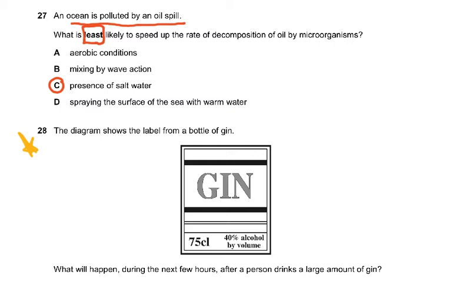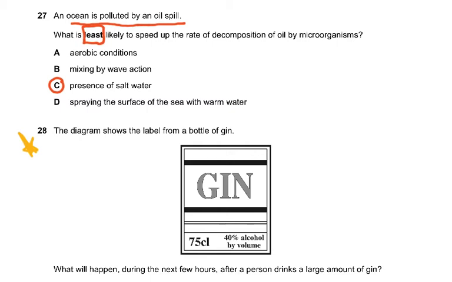The rate of decomposition is going to increase by aerobic conditions. Yes, aerobic respiration releases more energy. Mixing by wave action again incorporates air, and spraying the surface of the sea with warm water is going to increase the temperature, so more enzyme activity of the microorganism enzymes. Now, presence of salt water is least likely to speed up the rate of decomposition.